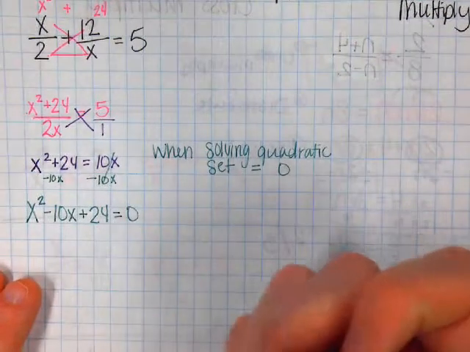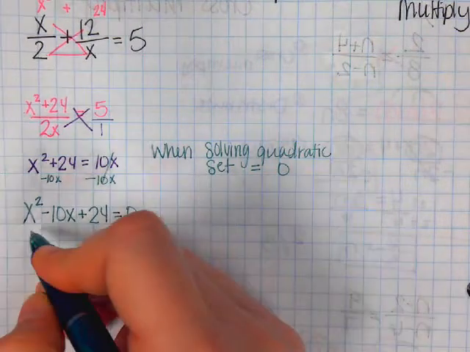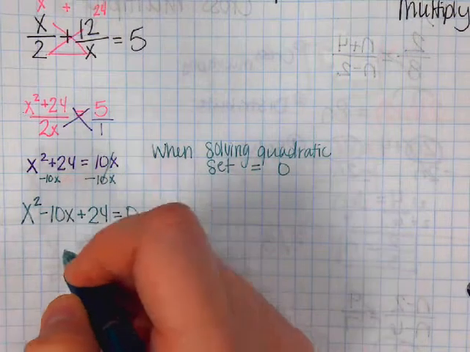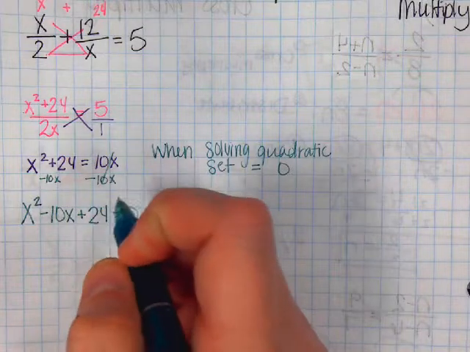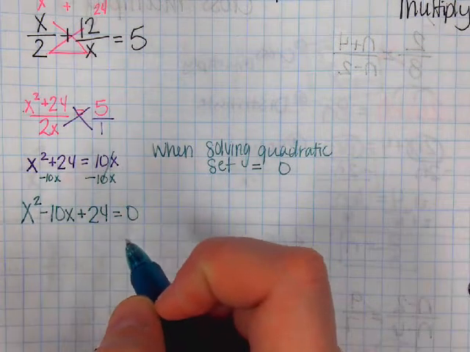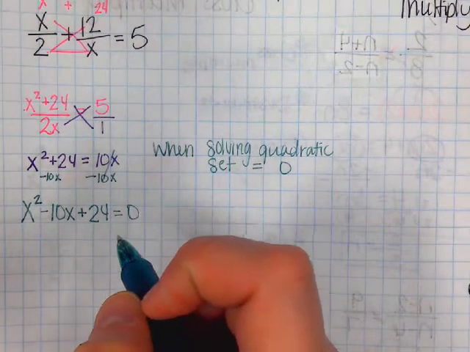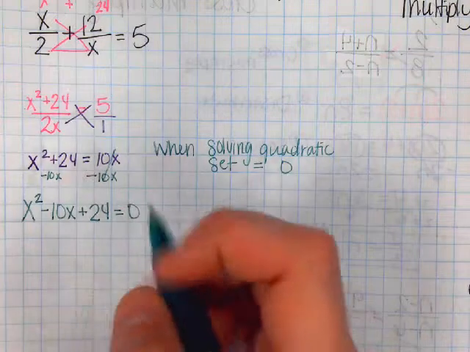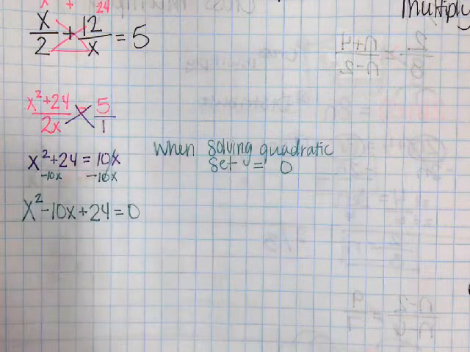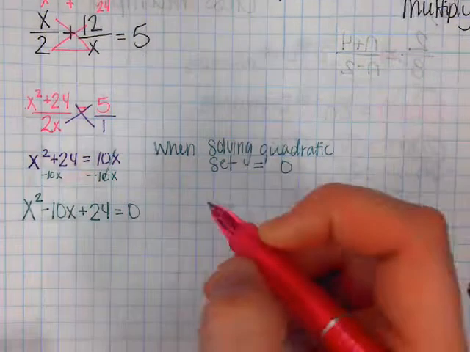Now, there's a couple of ways you can do this. Since it's quadratic, you can solve by completing the square, factoring, the quadratic formula, or graphing it. I'm just going to do the quadratic formula because it works every time.